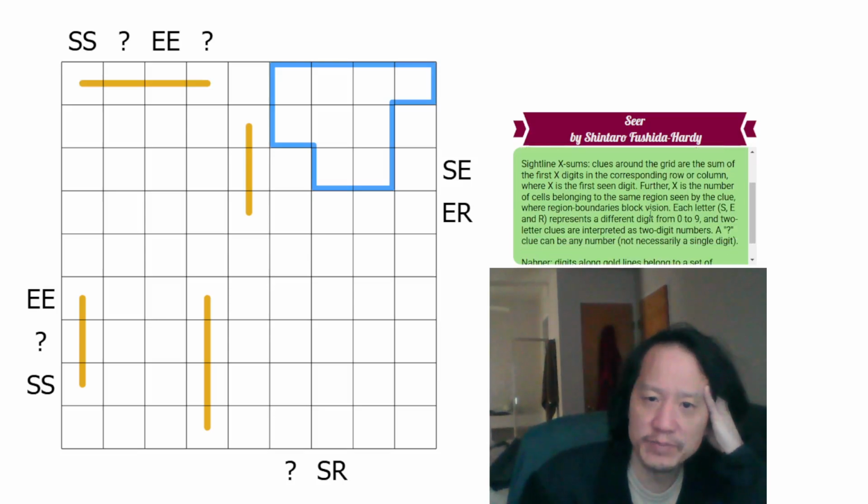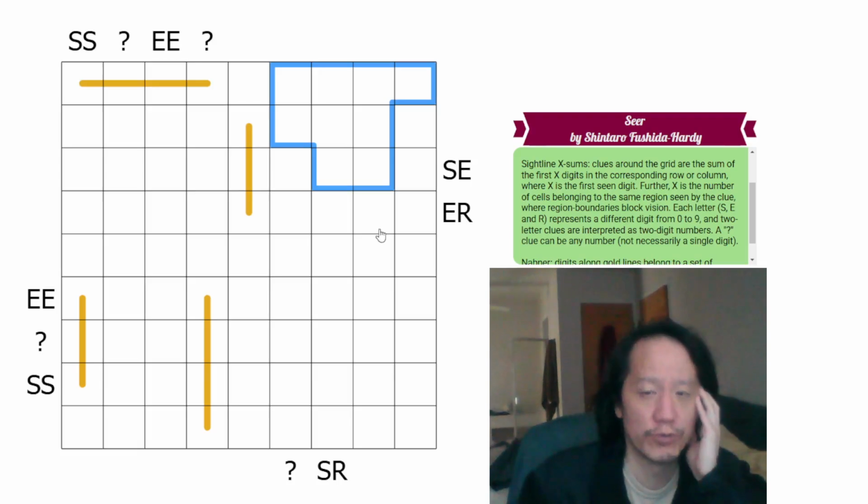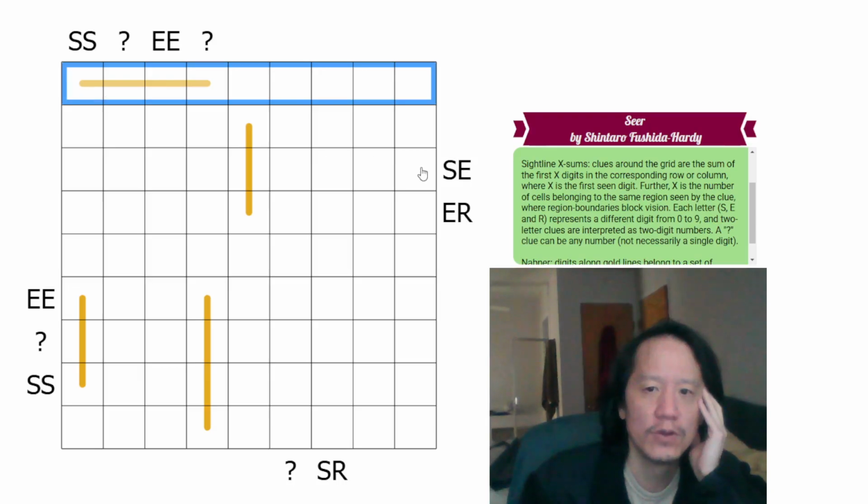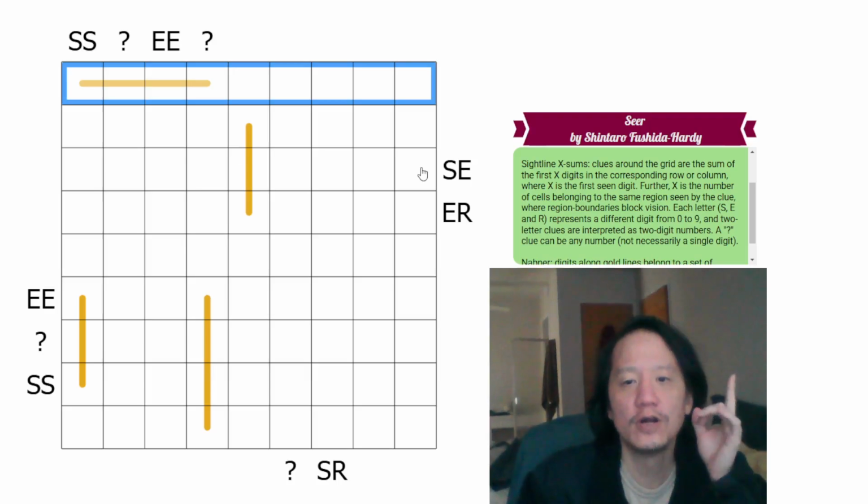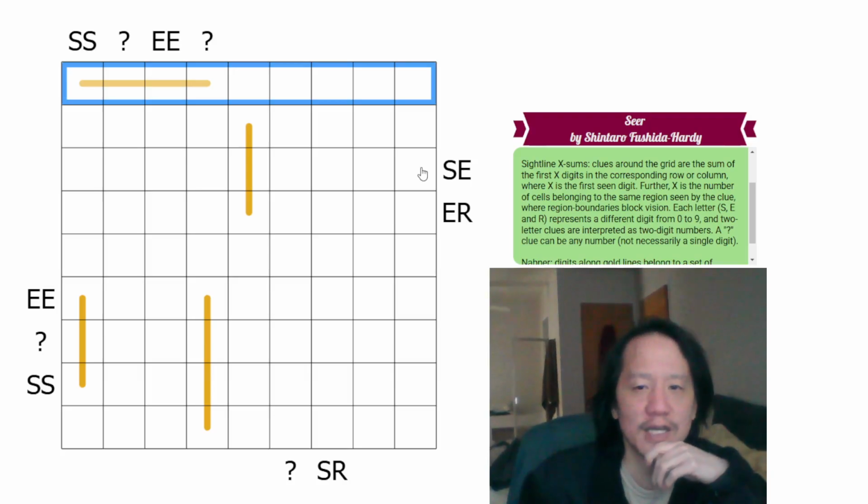Sightline X sums. Clues around the grid are the sum of the first X digits in the corresponding row or column, where X is the first seen digit. Further, X is the number of cells belonging to the same region seen by the clue, where region boundaries block vision.